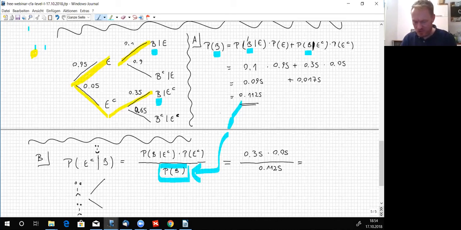So let's just do it here. 0.35 times 0.05 is 0.0175, divided by 0.1125.